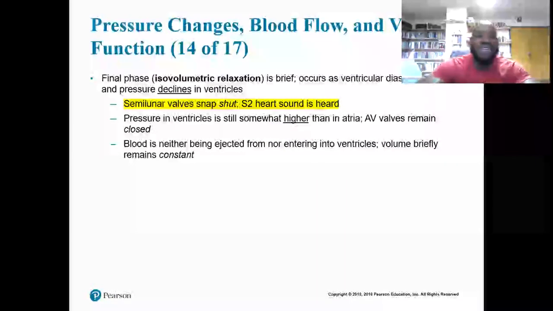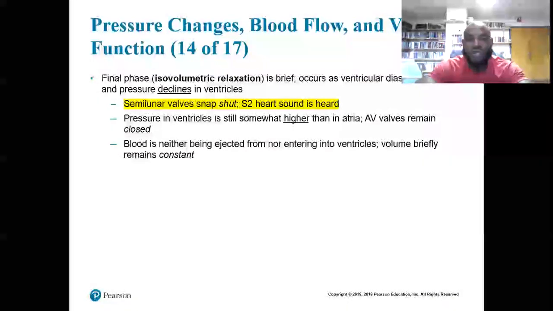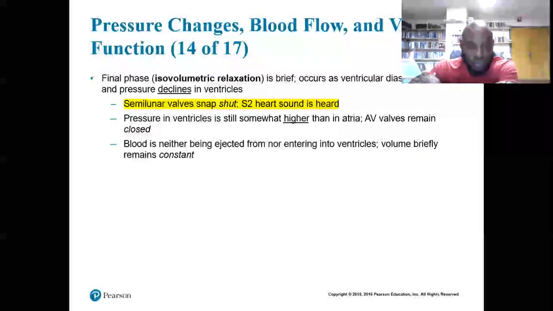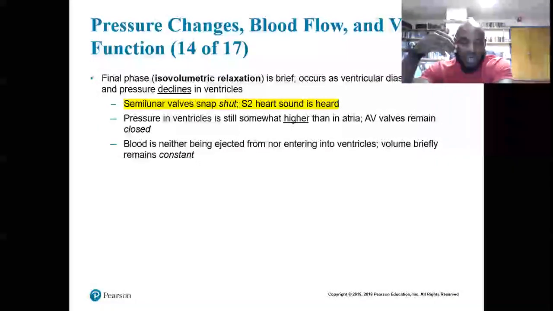And then you have isovolumetric relaxation. Brief, occurs as ventricular diastole begins. The ventricles begin to go into their resting phase. Pressure declines in the ventricles. The semilunar valves shut because the pressure gets higher in the aorta and the pulmonary arteries.